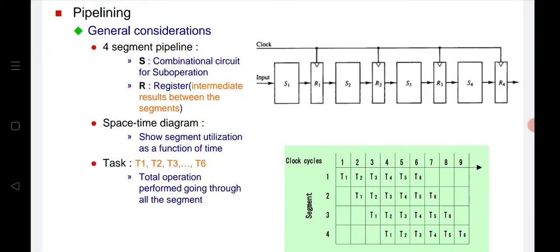So your first segment will be executed at the first clock pulse, the second segment will start executing at the second clock pulse, the third segment will start executing at the third clock pulse, and the fourth segment will start executing at the fourth clock pulse. T1 to T6 are nothing but different tasks, that is, your sub operations.